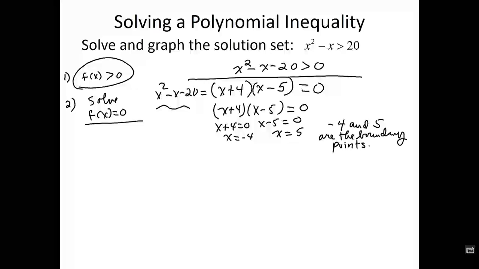The boundary points allow us to divide the number line into intervals. So in this particular case, let's locate the boundary points. For us, the boundary points are negative 4 and 5.